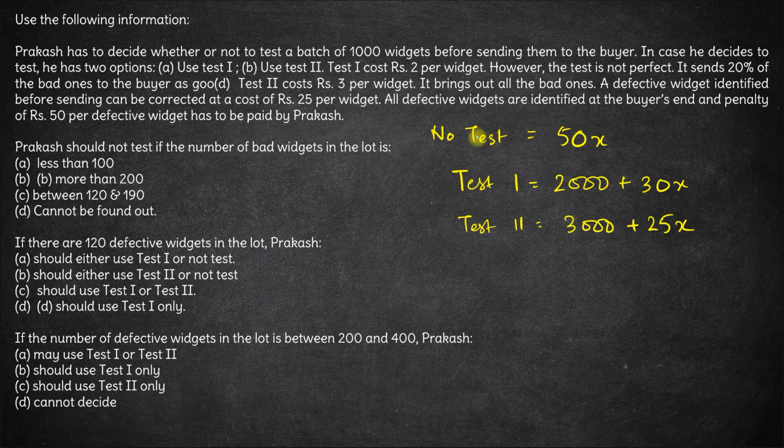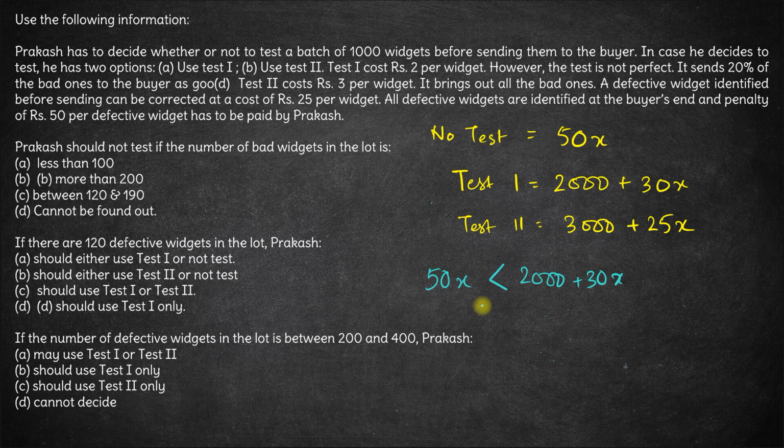So now comparing the no test cost with the test 1 cost, we have 50x and we have 2000 plus 30x. If the no testing cost is less than the testing cost, in that case Prakash will obviously not test.